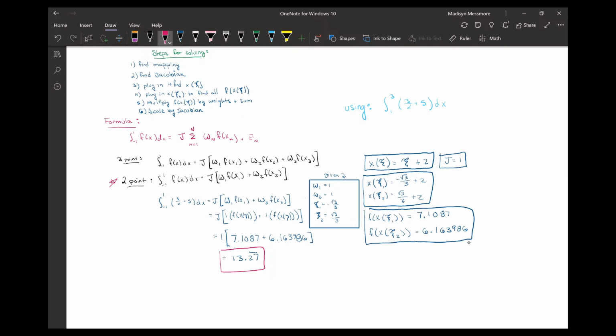Okay, so some witchcraft happened somewhere, and I just got lost. All right, f of xi of 1. How did that transpire? Okay. So you see the x of xi of 1 right here, this negative square root of 3 over 3 plus 2. This guy, you see him? I see this.